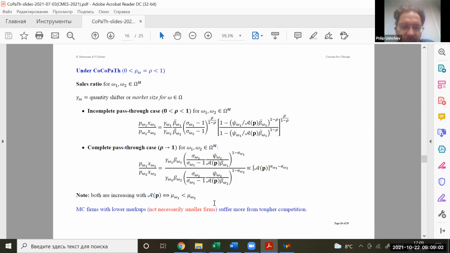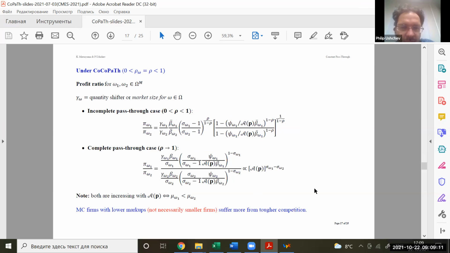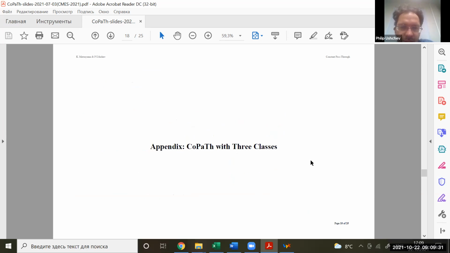A lower average price, which means tougher competition, reduces more strongly the revenues of firms with smaller markups. The same is true about profits. So if you think of firms with lower profits rather than lower revenues as smaller firms, the same result holds.